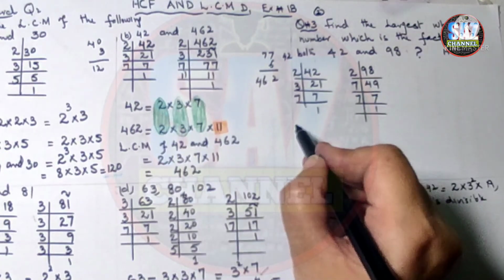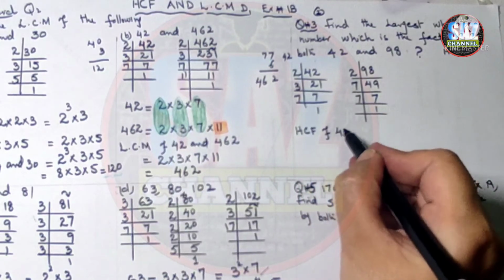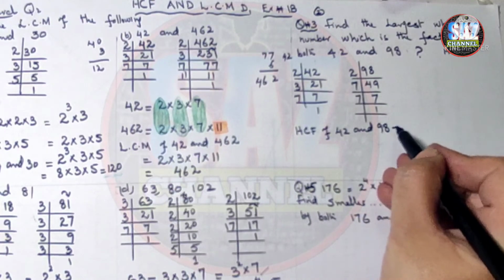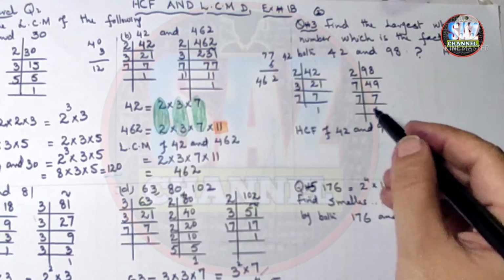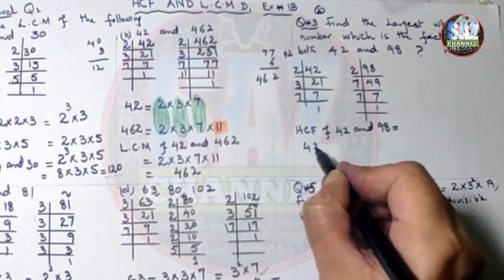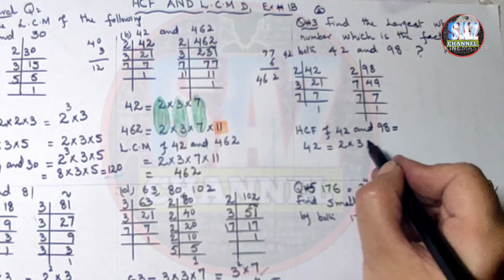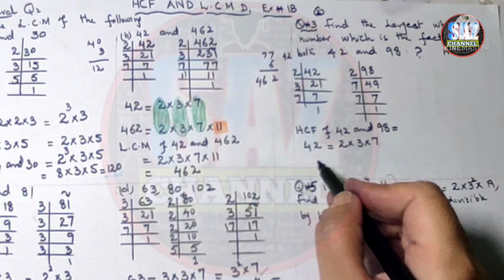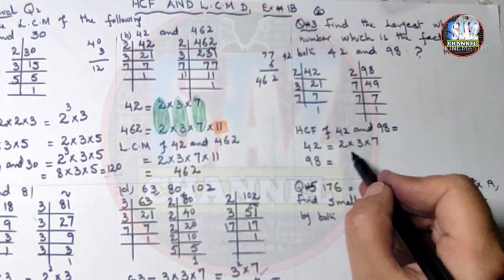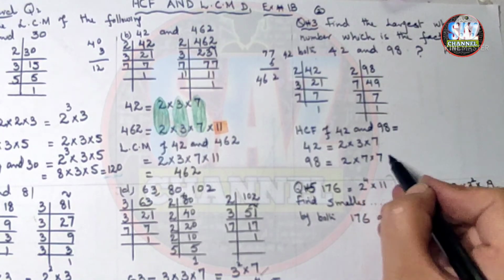Now we have to find the HCF of 42 and 98. For that purpose, first of all, let me complete my working at this place. We have to express each number as a product of its prime factors. 42 is 2 multiplied by 3 multiplied by 7, and 98 can be written as 2 multiplied by 7 multiplied by 7.